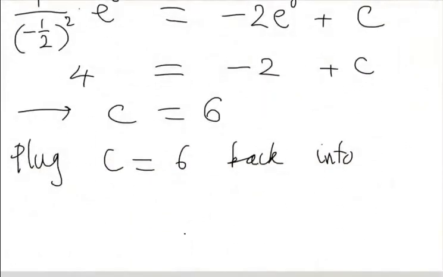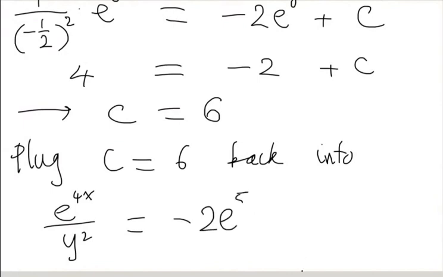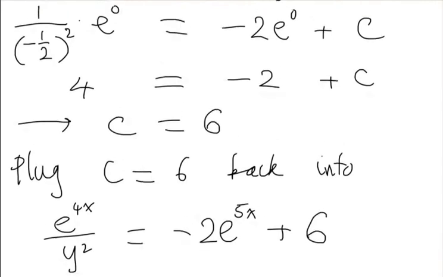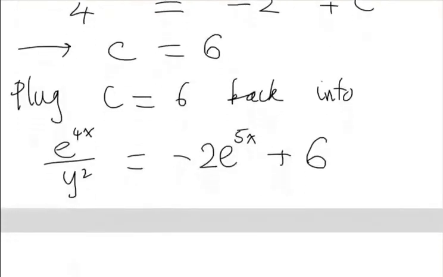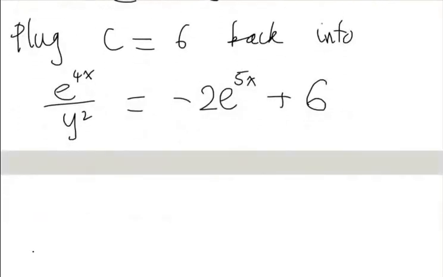What we get is e to the 4x over y squared equals minus 2 e to the 5x plus 6. Now we need to solve for y. So how to do that?